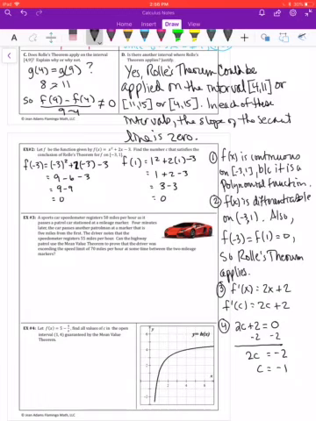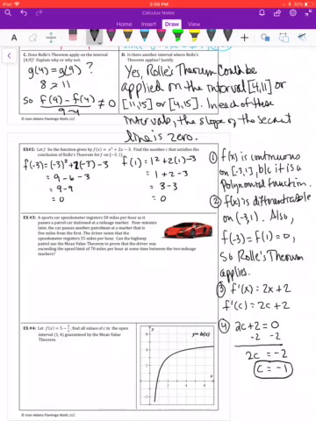So what happens at c equals -1? Well, this is an upward-facing parabola, and we said that Rolle's theorem actually finds your maxes and mins. So this must be where your vertex is located.